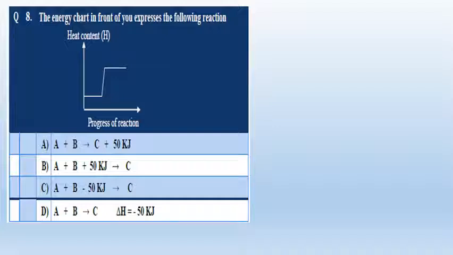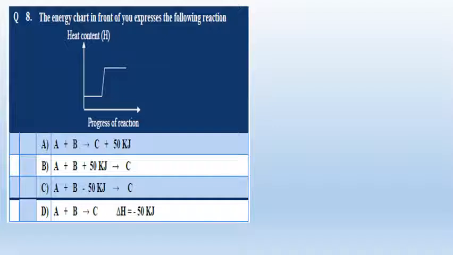Pay attention. In A, the reaction A plus B produces C plus 50 kilojoule, and this means that an amount of heat energy is released. So this is exothermic, and this is not the correct answer.